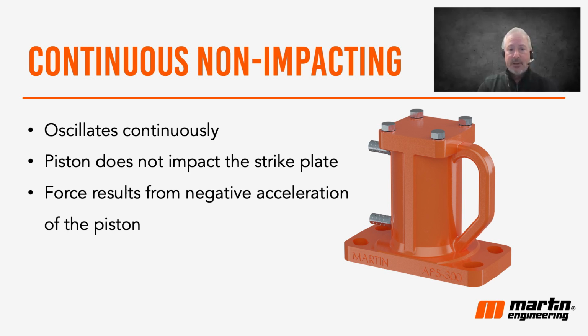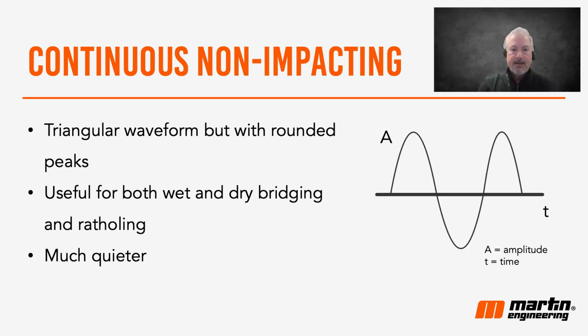We use these commonly when noise is an issue within a plant, so we don't have that noise of that impact, but the force results from that rapid deceleration at the end of the stroke as it then changes direction. And you can see here on the waveform that it's triangular, but it's got rounded peaks. We use them for wet products that tend to bridge or rat hole, and they're much quieter than the impacting version that we just talked about.